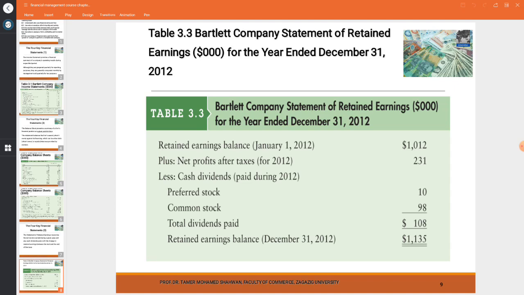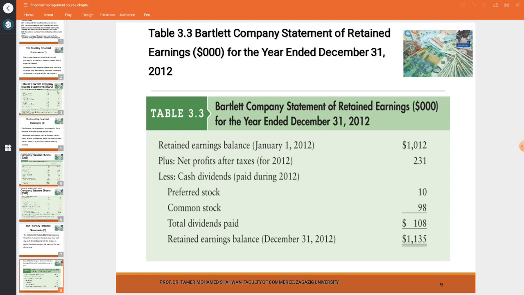Then we subtract dividends for preferred stocks and dividends for common stocks, so we subtract 10 and 98. The remaining part, which is the retained earnings balance at December 31, 2012, is about 1,135.